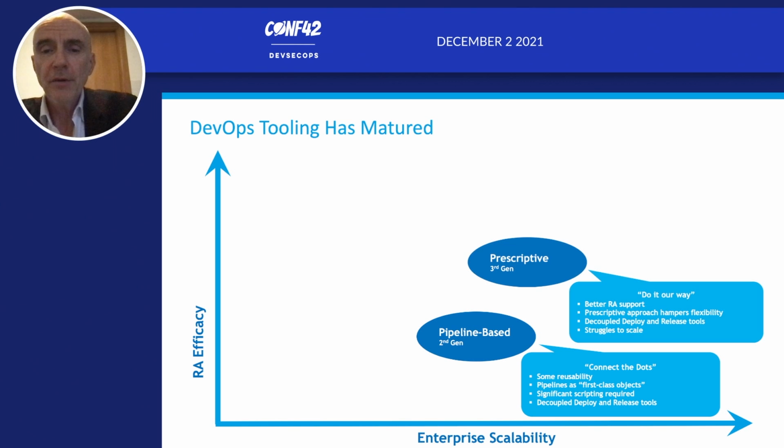From the second to the third generation, from pipeline-based, we added a lot of additional things, testing for example, in the automation process.